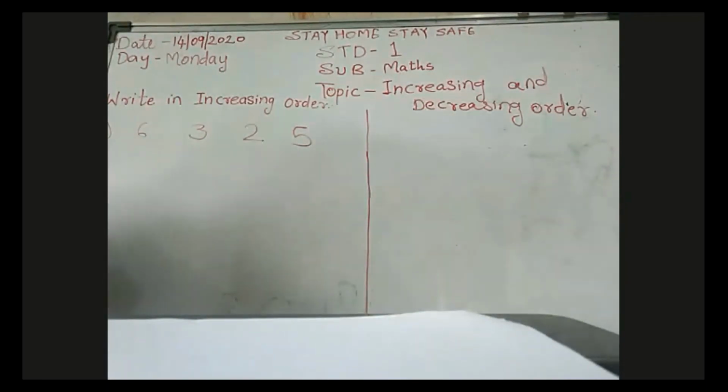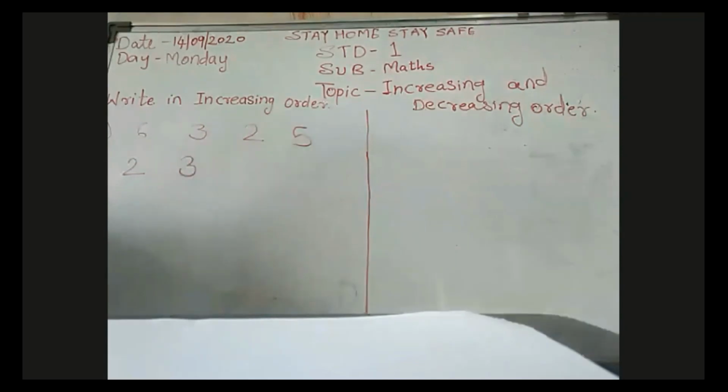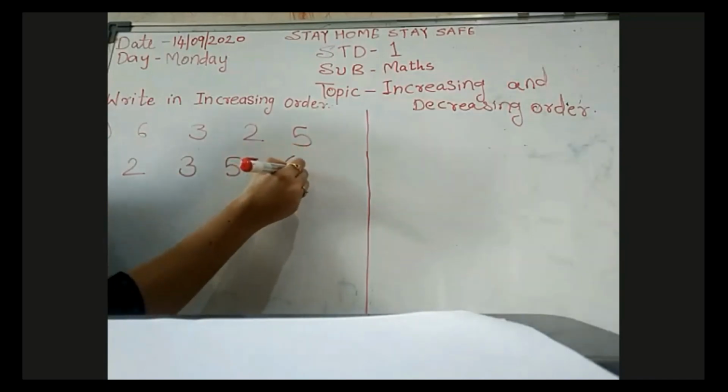Wait. One by one. First, Shruti, you tell me the answer. Which number will come first? 2. Very good. Then? 3. Very good. Then? 5. Then? 6. Very good.